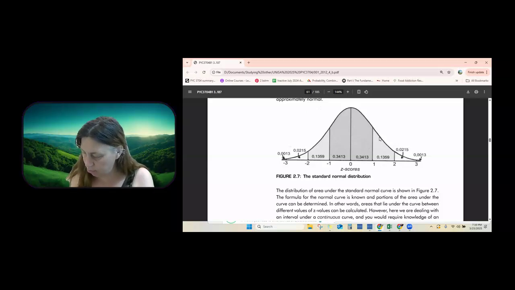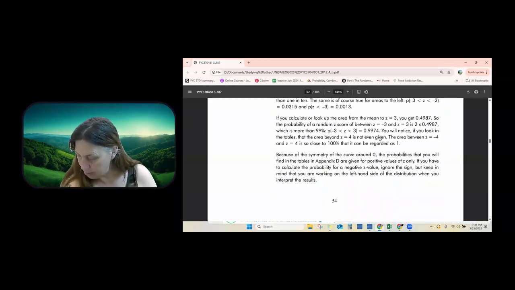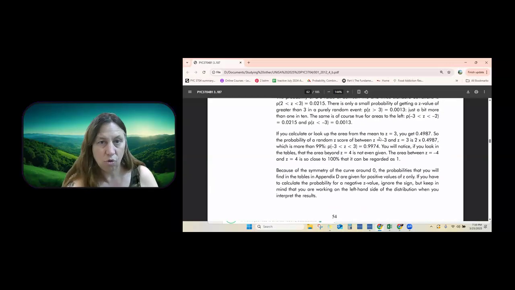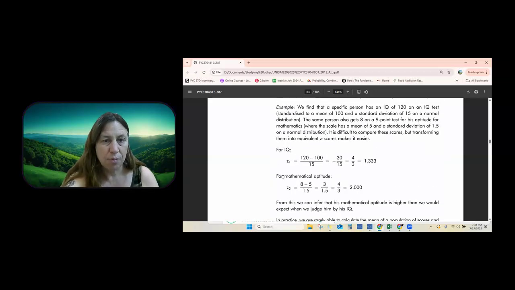That's very bright. For mathematical aptitude, this same individual gets 8 on a 9-point test, where the scale has a mean of 5 and a standard deviation of 1.5 on a normal distribution curve. So they get a score of 8, and the mean is 5. So it's 8 minus 5 over the standard deviation.